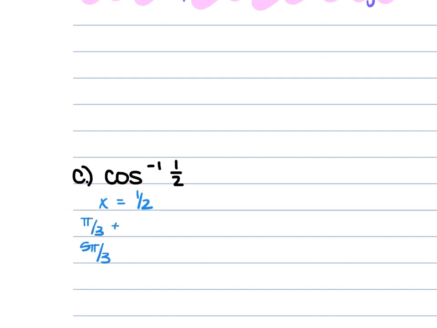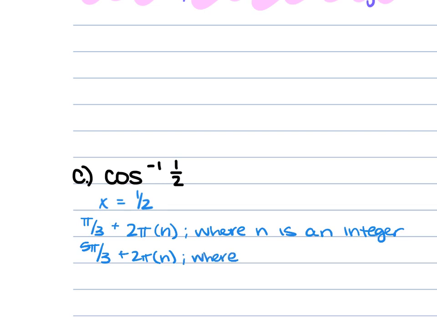So both of these we're going to add 2 pi times n, where n is an integer. And then we're done.